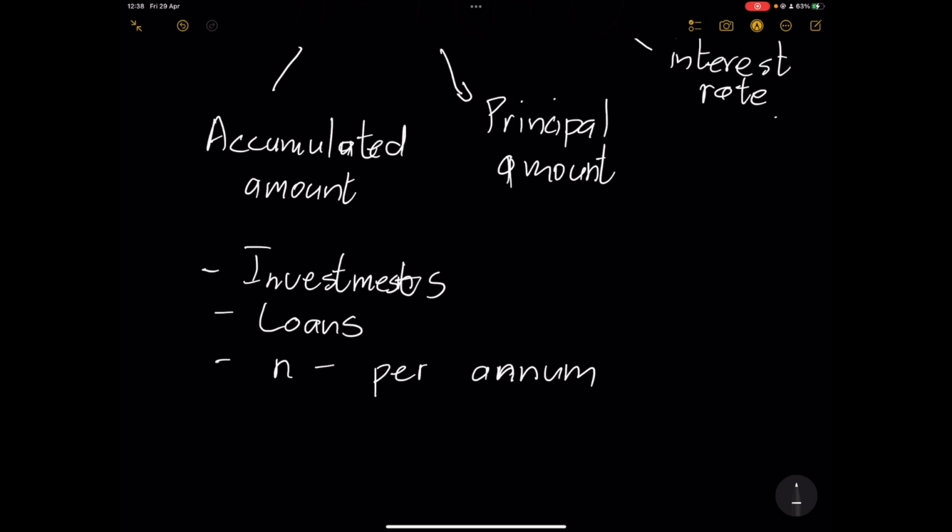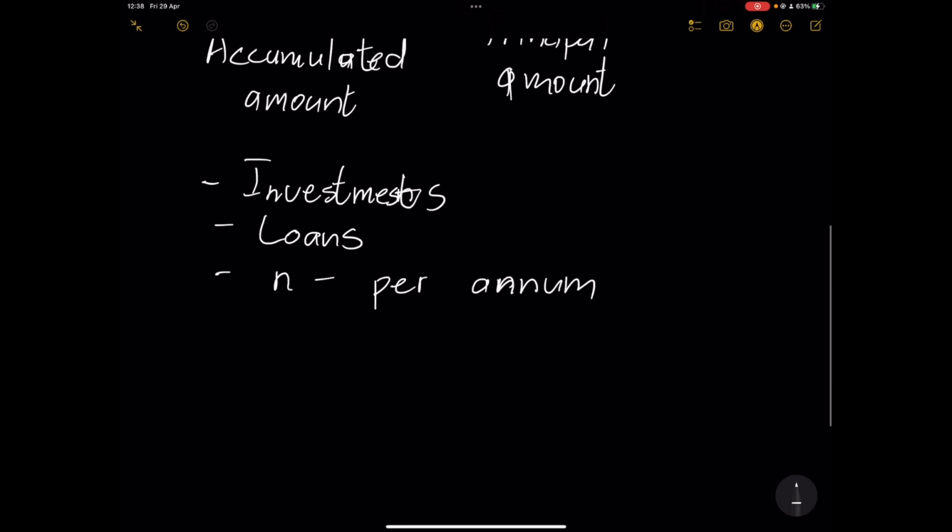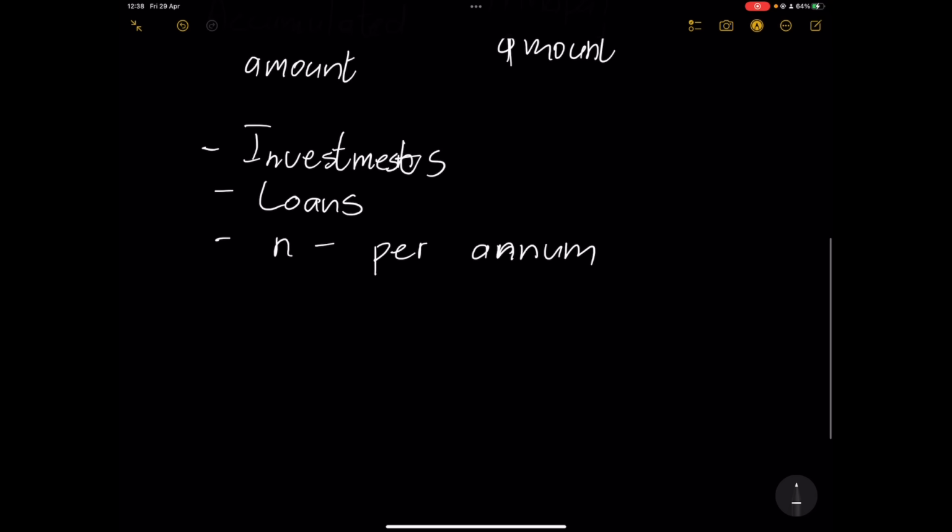But there are also other instances where the compounding period is different, meaning we can add in the interest amount every year, or we can have interest that is accumulated per quarter or per month, or even per day for that matter.